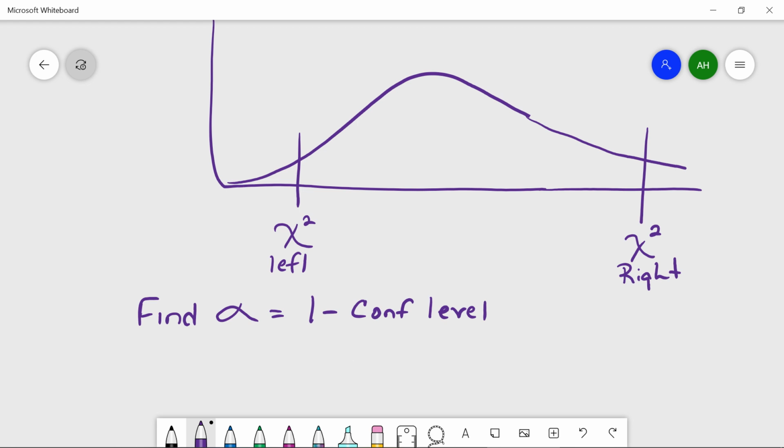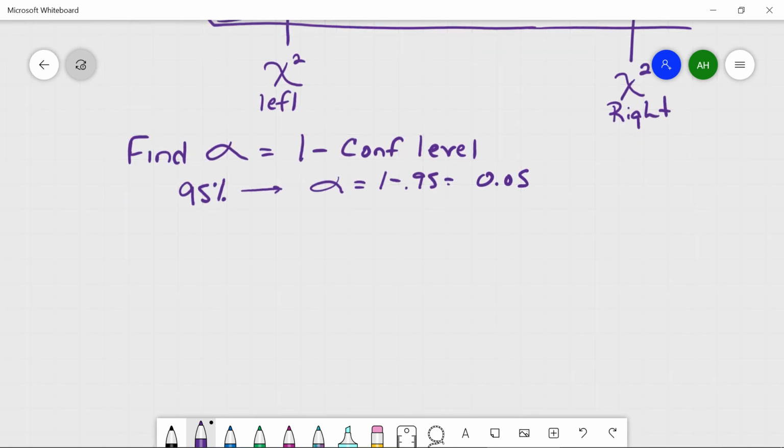Say if I have a 95 percent confidence, then alpha is going to be 1 minus 0.95, so it's going to be 0.05. I'm going to take this and divide it by 2.